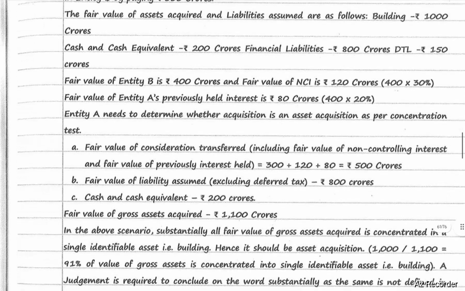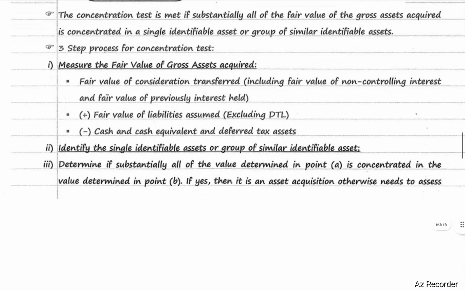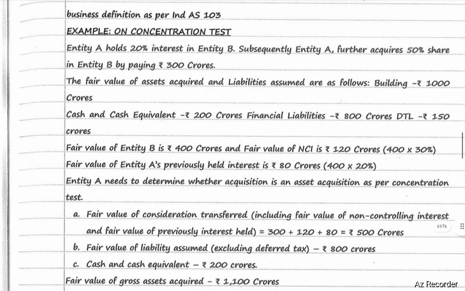Step number 1, calculate fair value of gross assets acquired. Under that, first one, fair value of consideration transferred. It includes fair value of non-controlling interest and fair value of previously held interest. That equals the payment made by entity A to entity B, 300 crores, plus fair value of non-controlling interest, 120 crores, plus fair value of entity A's previously held interest, 80 crores.